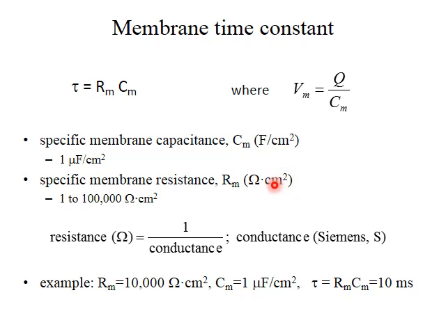We don't have ohms per centimeter squared because as the area of a membrane goes up, the resistance actually decreases. So the units of specific membrane resistance is ohms centimeters squared, and it can vary quite a bit depending on how many channels are open, from about 1 to 100,000 ohms centimeters squared.